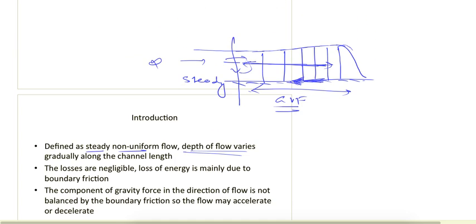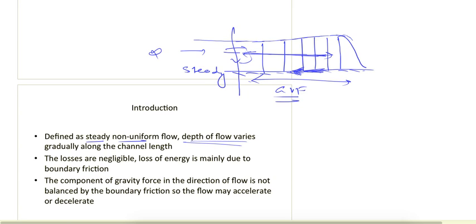The next point is that the component of gravity force in the direction of flow is not balanced by boundary friction. What does this mean? As we know, in the open channel the flow occurs due to the gravity force. If I take two sections, there will be some weight W of water in this section.